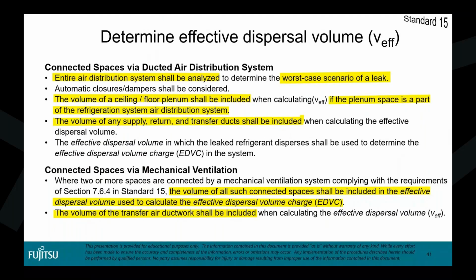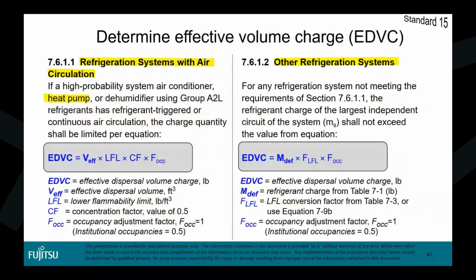So now we have looked at how you determine VEFF. The standard has two basic formulas. Let's look at the left one. It says that heat pump systems with air circulation use that formula, EDVC. That's the effective dispersal volume charge, the maximum. VEFF is the dispersal volume, the room volume we defined on the previous slides.